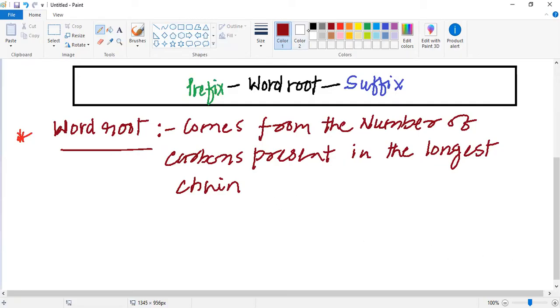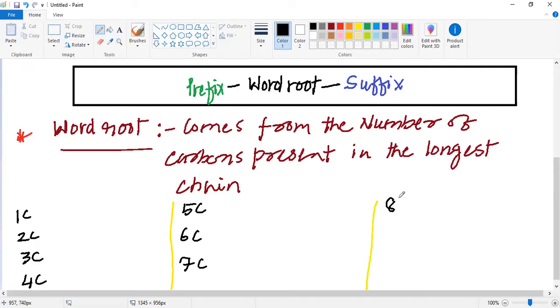Now, how do we determine this word root? Let us try to understand, my dear students. So, we will write the number of carbon and the word root that we have. So, if we have 1 carbon, 2 carbon, 3 carbon, 4 carbon, 5 carbon, 6 carbon, 7 carbon, 8 carbon, 9 carbon, 10 carbon.